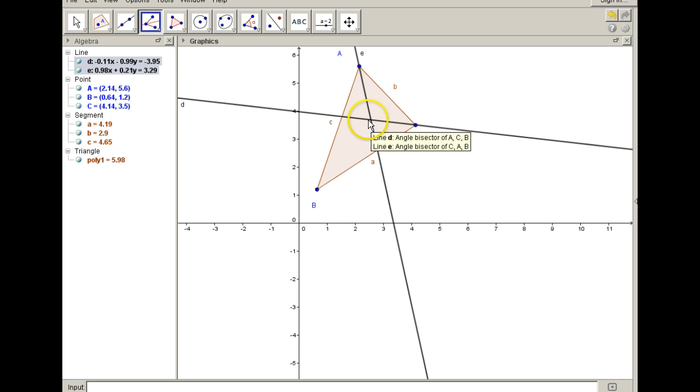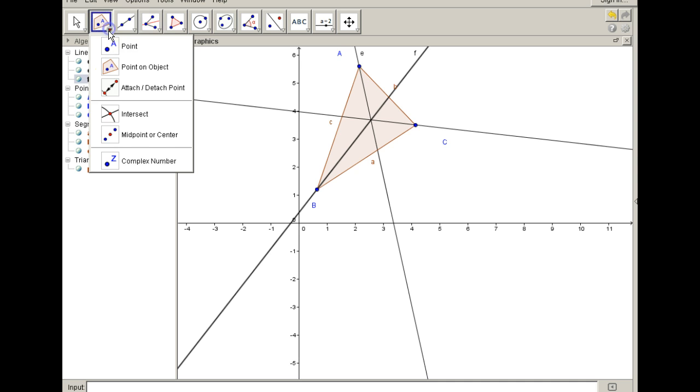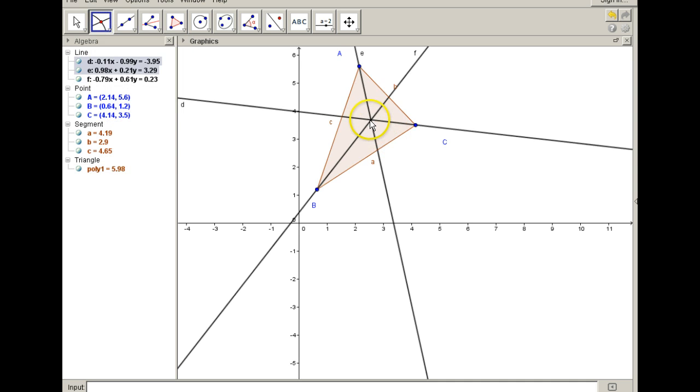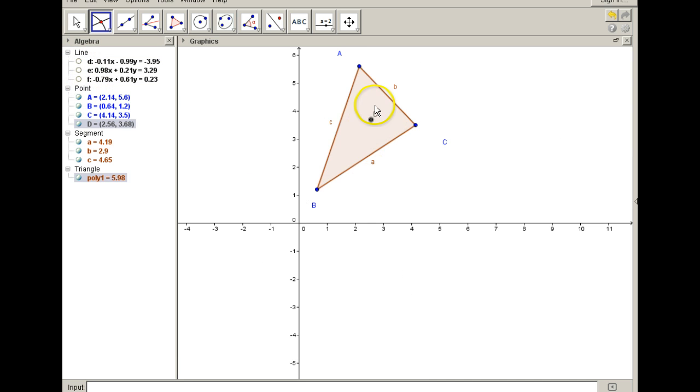And this point should be equidistant from here, here, and there, because it's on both bisectors. We could also try bisecting the third angle. And notice that they all intersect at the same point, right there at point D. So what do we do to find our center for our circle?